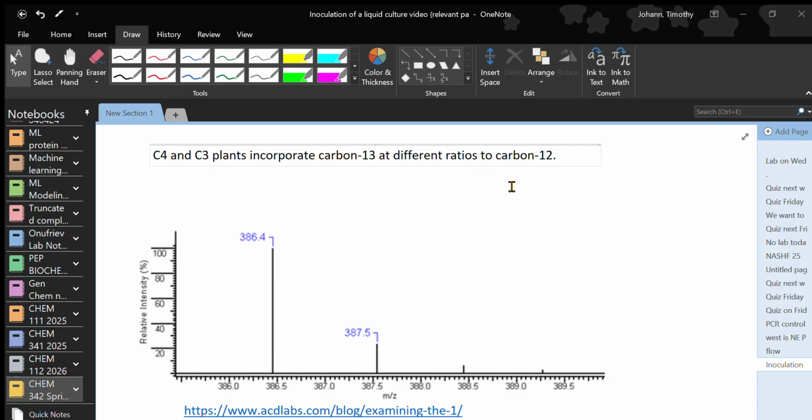And so each of us eats a different ratio of either C3 and C4 plants, or eats animals that ate a different ratio of C4, C3 plants. So each of us eats a different diet that results in a different ratio of C3, C4 plants consumed.